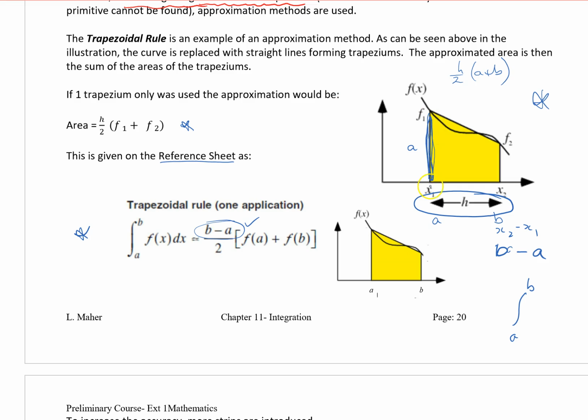In this case, it would be the height of the function at x1. That was what we'd normally call A. We're going to go back to a little bit of function notation and call it F1, or as you can see here, it's called f of a.